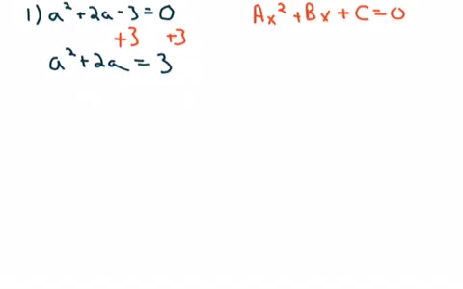So now we can go to step number 2. That says divide all terms by A. The A that I'm referring to in the step-by-step procedure is the coefficient of x squared, or the variable squared. So we go to our equation and we say, okay, here's our variable squared. What's the number in front of this?